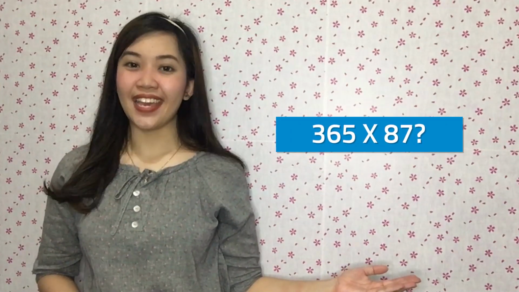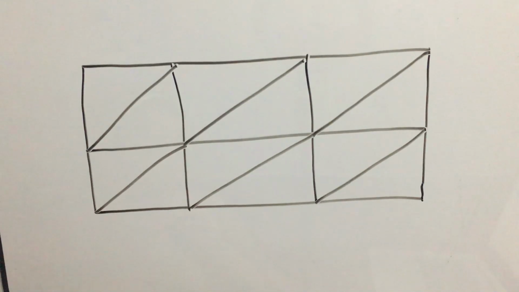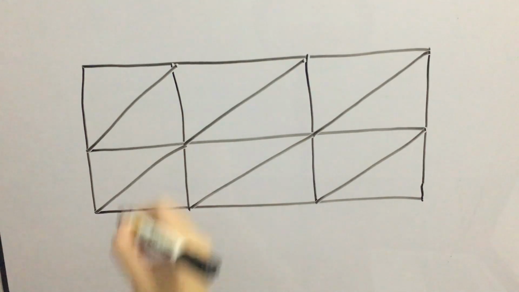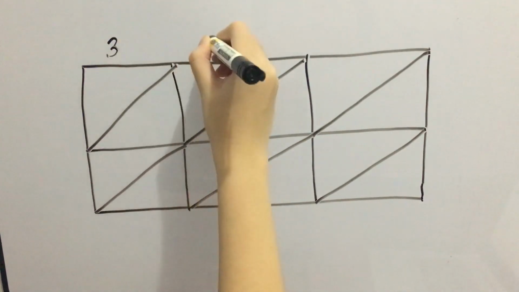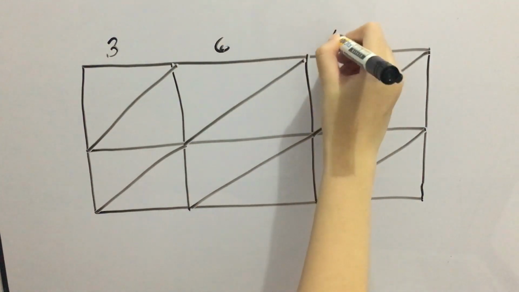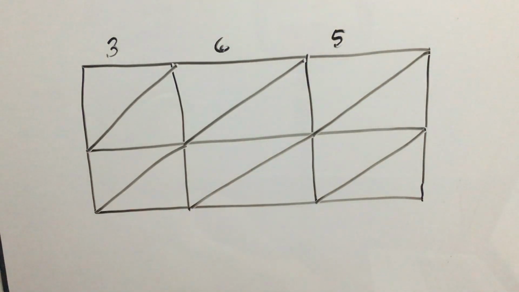Ready to try it? Let's get the product of 365 and 87. For step 1, write the multiplicand 365 above the lattice. Then, write the multiplier 87 on the right side of the lattice.